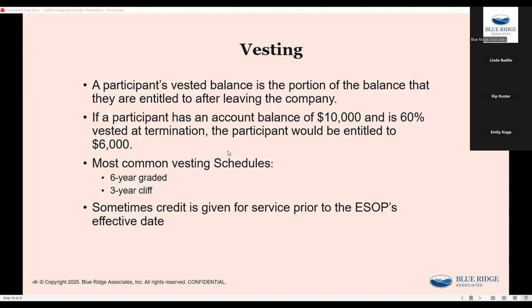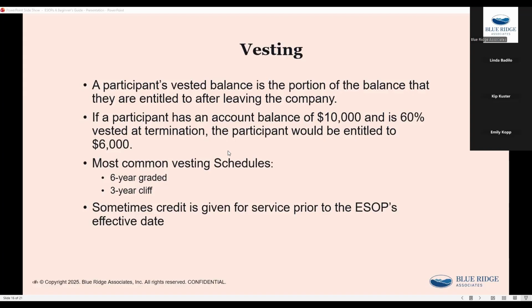It's like that step graded schedule where eventually by year 6, they would become fully or 100% vested. With a 3-year cliff vesting schedule, in years 0, 1, and 2, the participant would be 0% vested, but then at year 3, with 3 years of service, the participant would become fully or 100% vested in their account. Once a participant becomes fully vested in their account, they would not forfeit any of their balance under the plan's rules.